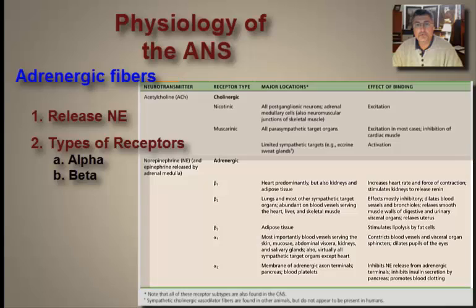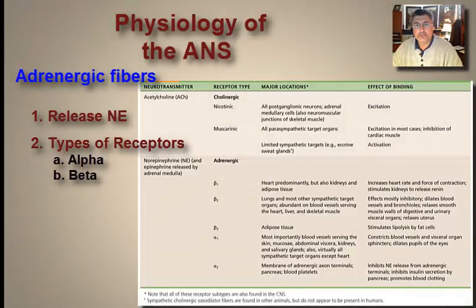Alpha 1 is the most important in regulating blood vessels servicing the skin, mucosa, abdominal viscera, kidneys, and salivary glands. Notice it's going to cause a constriction of blood vessels and vascular organ sphincters, while dilating pupils. The beta, on the other hand, comes in three forms: beta 1, 2, and 3 here in our table.